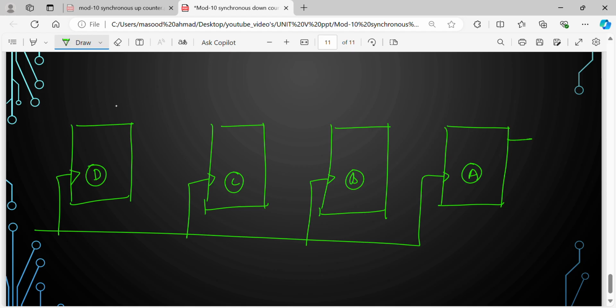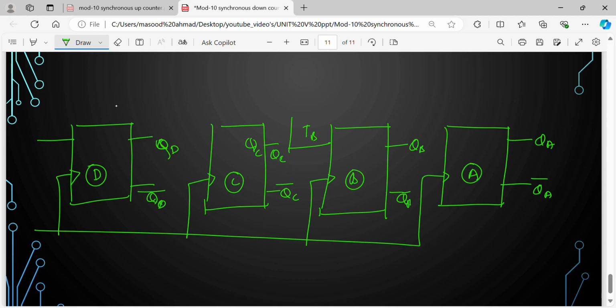For A, I have QA and QA bar; QB bar and QB are available. Input is TB. From this, QC is available and QC bar available, QD bar available, QD available.